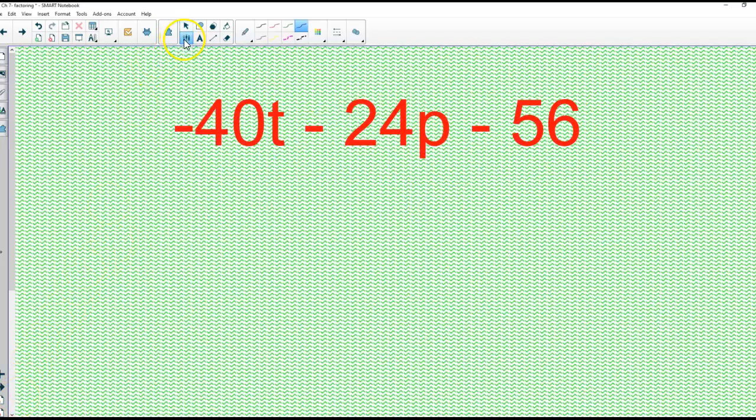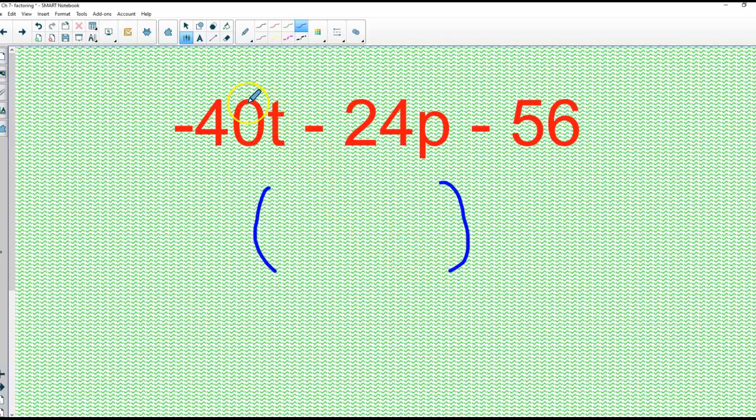Okay, guys, let's look at one last one here. And in this problem, the first thing I notice is that I have a -40, a -24, and a -56. So all 3 of my terms are negative. So that means I am going to have to pull a negative out as I factor.